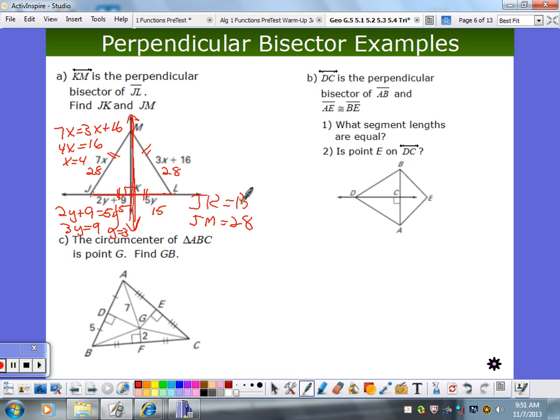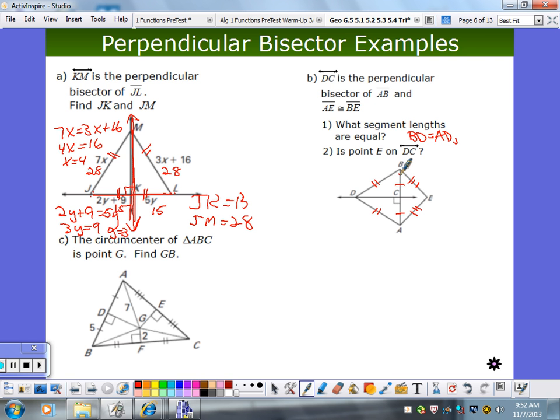Let's look at another example. DC is the perpendicular bisector of AB, and that's congruent to that. This one's going to be congruent to that one. Let's see, what else do I need to know? And AE is congruent to BE. What segment lengths are equal? Well, if you mark the diagram as you go, I can see that BD is going to be equal to AD.